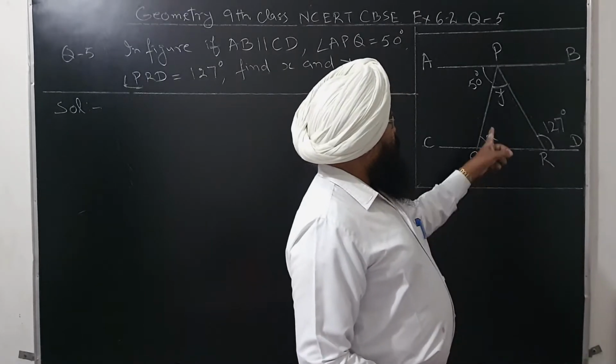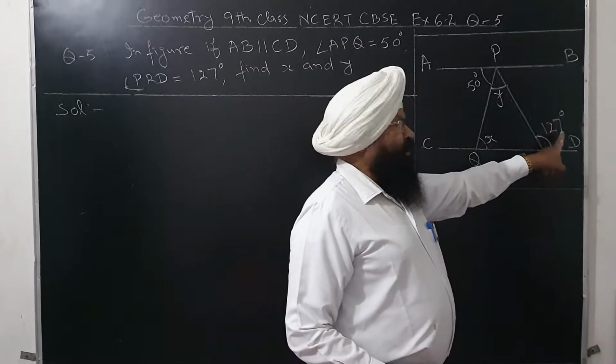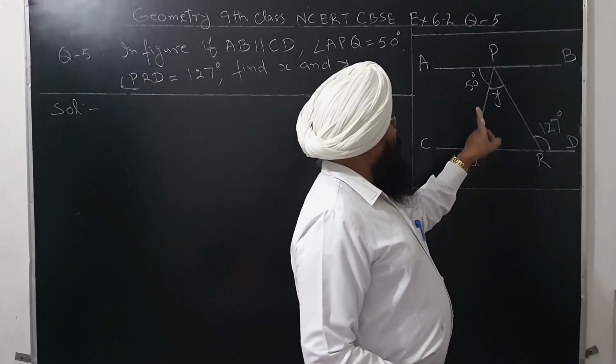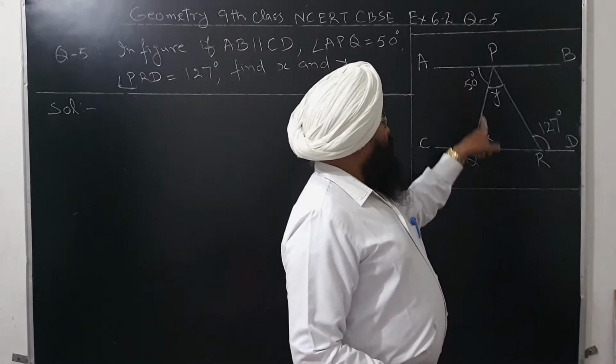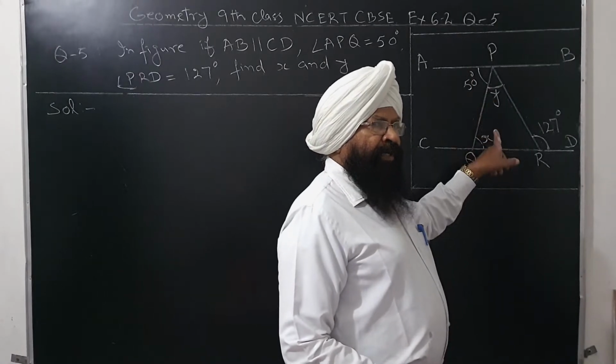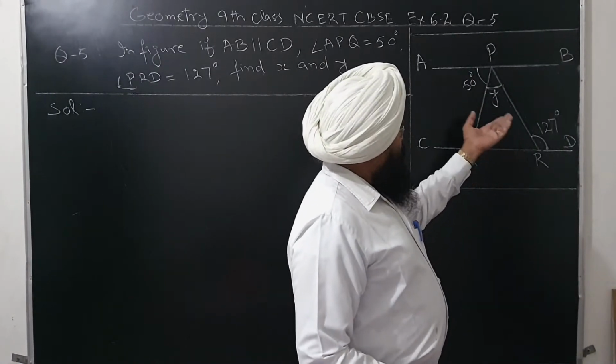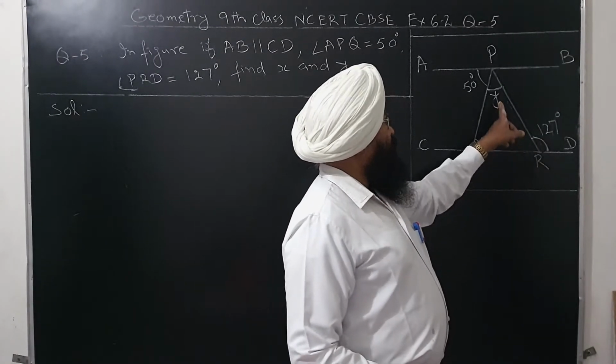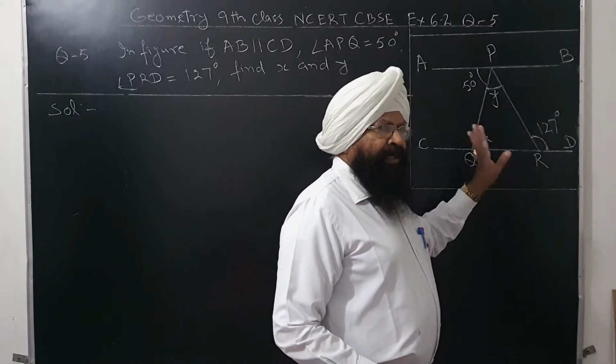That means X plus Y is equal to 127 degree, and already we have found that X is equal to 50 degree due to alternate angles are equal. So this angle Y will be equal to 127 degree minus 50 degree, that is 77 degree.